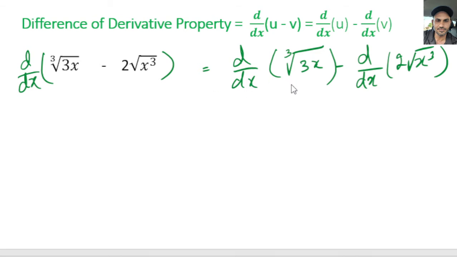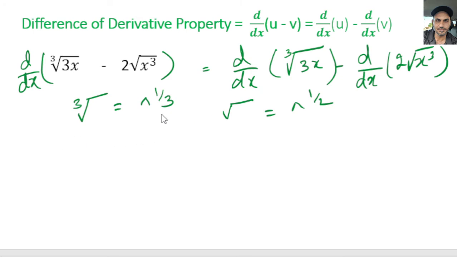From here we can go ahead and simplify. A few things I'm going to clarify here is the cube root, if we want to write it in the exponent form, is going to be equal to an exponent raised to 1/3, and same thing for the square root, it's going to be an exponent raised to the 1/2 power. So I'm going to go ahead and use these exponent forms instead of the root forms.